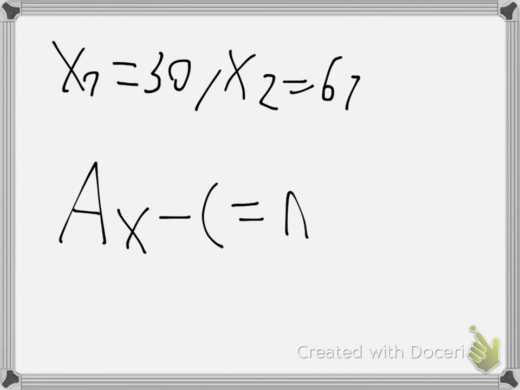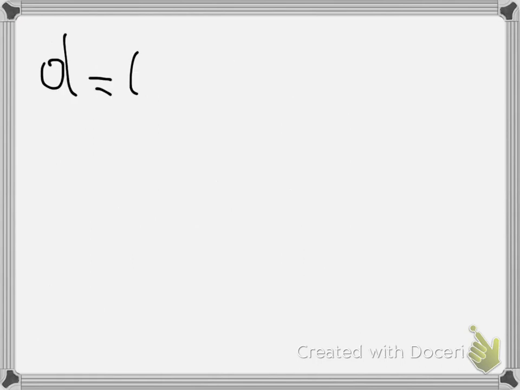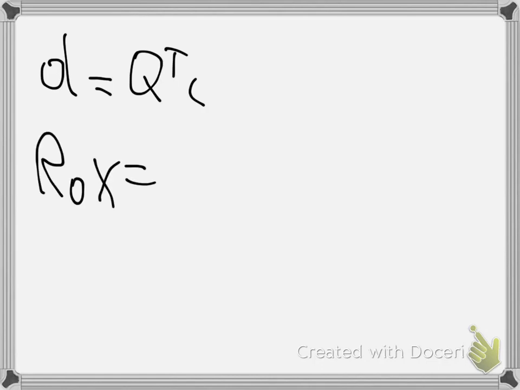So just remember, once you found your QR decomposition, I think you don't even need to find Q, you just need Q transpose. So your matrix R is given by Q transpose A. Your vector D is given by Q transpose C. C is the set of data you have at the beginning, and R0 x equals D0 allows you to find x.